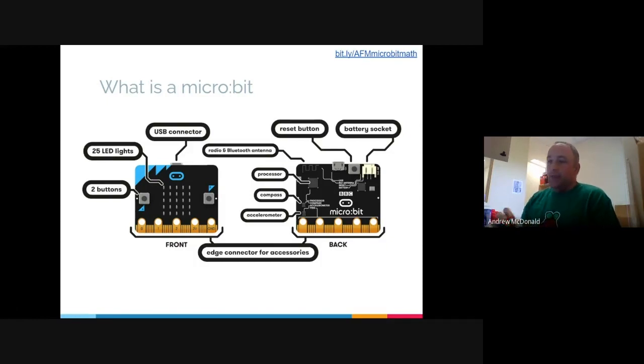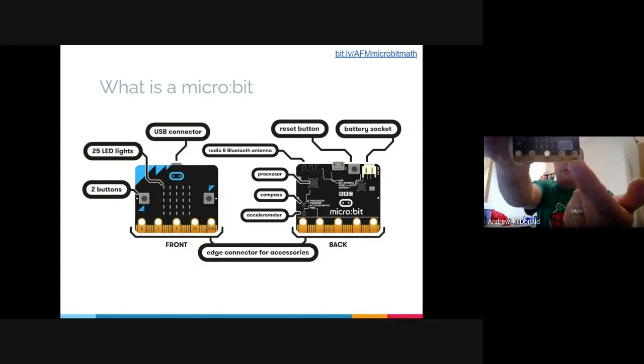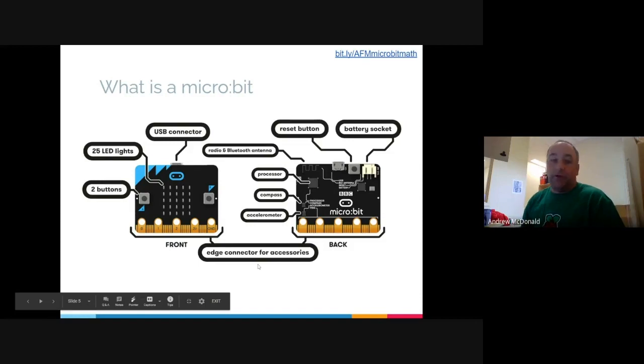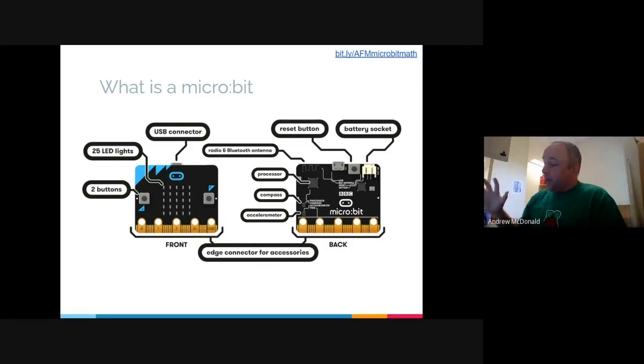And then there's a whole bunch of these connectors down at the bottom, edge connectors, we call them. Those edge connectors allow us to connect to a lot of other things. So just the hardware itself is really powerful to use, but then there's a lot of possibilities with that.